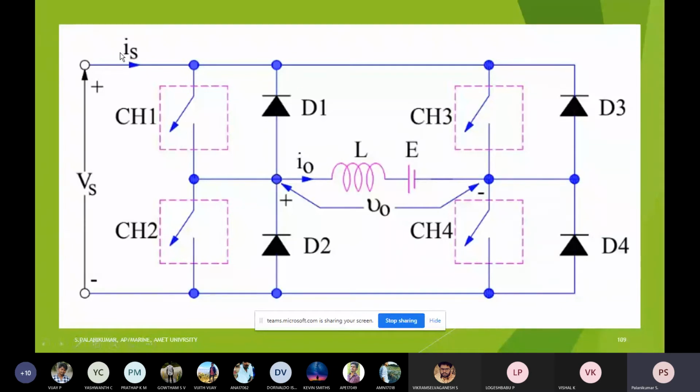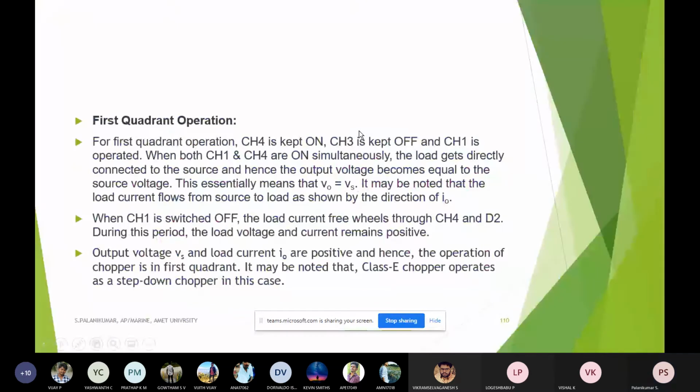Because of that, my source current IS will start flowing through chopper 1, L, E, chopper 4 and negative. So there is a closed loop path available for current. Automatically, chopper 2 and chopper 3 will not be operating.